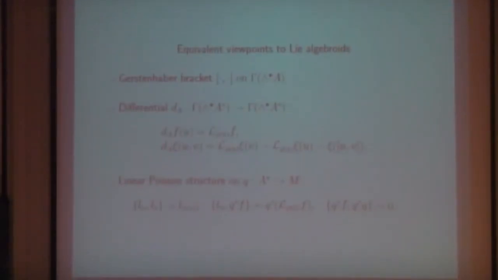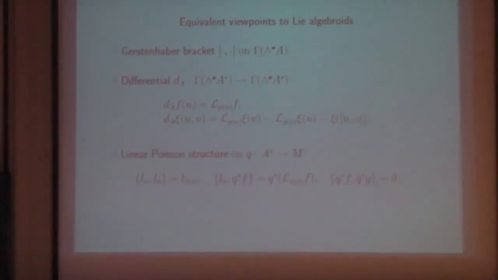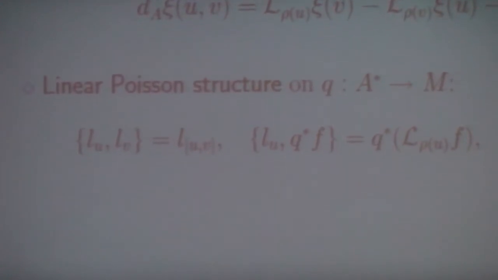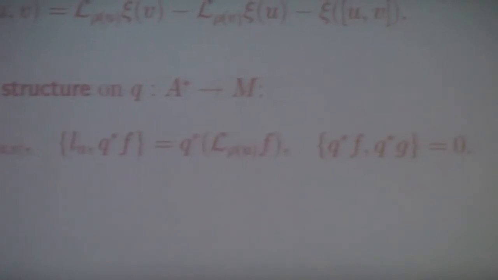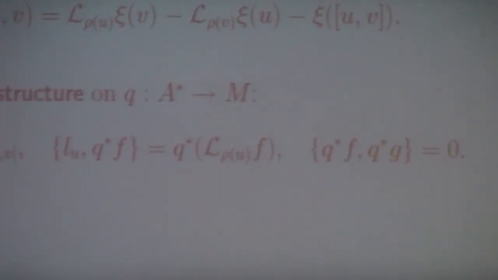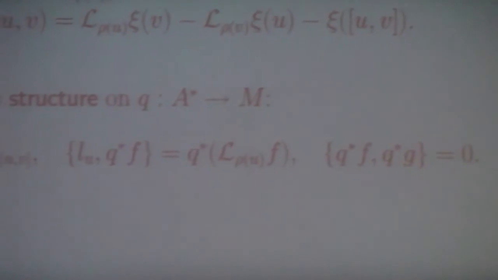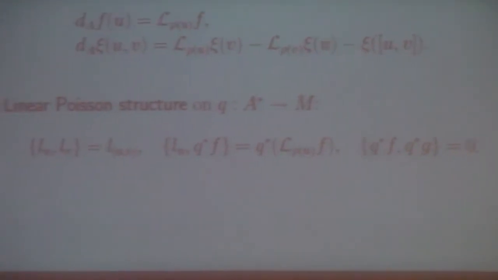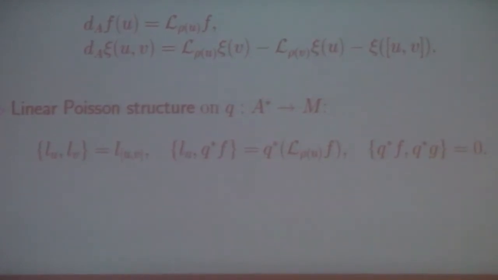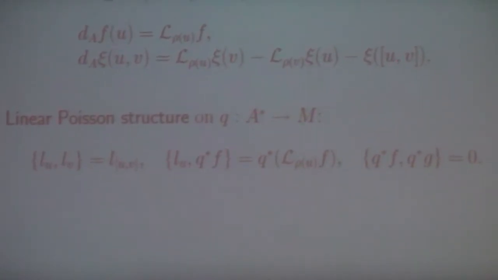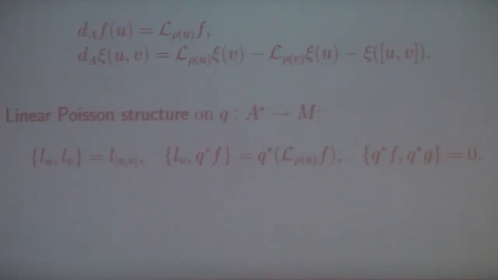Maybe I should just remark that, just as for Lie algebras, you also have these three points of view for Lie algebroids, totally analogous. So you can extend the Lie bracket on sections of A of a Lie algebroid to sections of exterior powers, so that it's a Gerstenhaber bracket. You also have, if you dualize, a differential on exterior powers of the dual of the vector bundle.